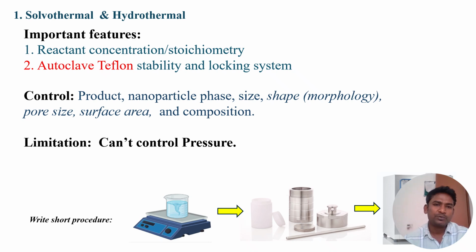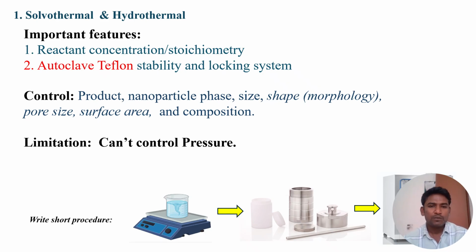And in this approach we always use an autoclave Teflon reactor. The reason is they are very stable and they include a locking system. So this autoclave Teflon is very important to synthesize nanomaterials through the solvothermal or hydrothermal route.